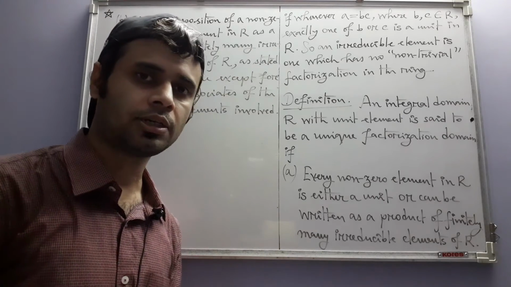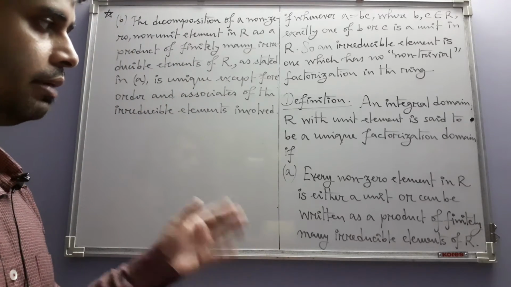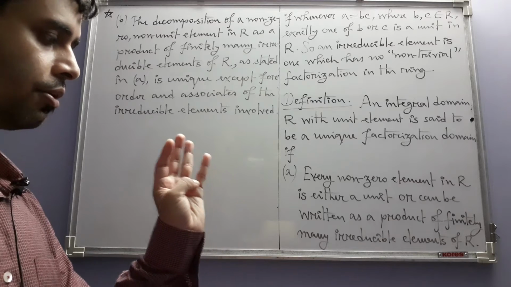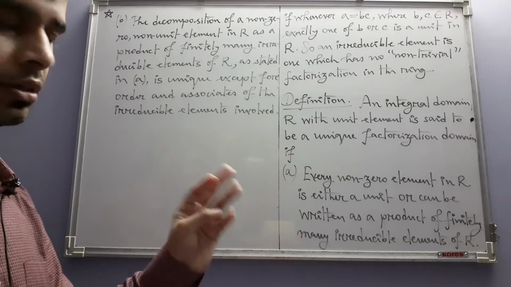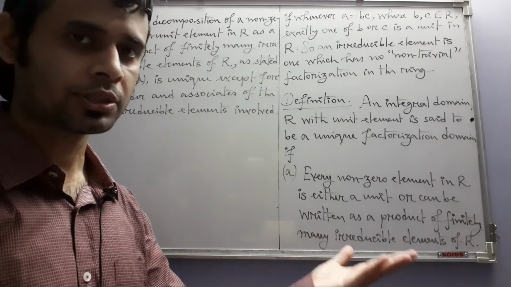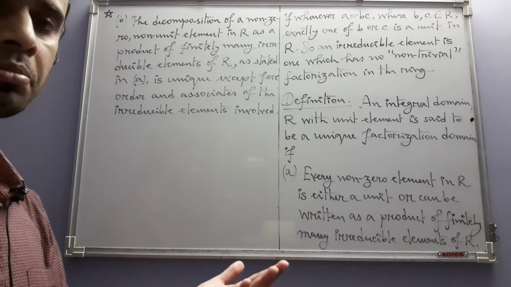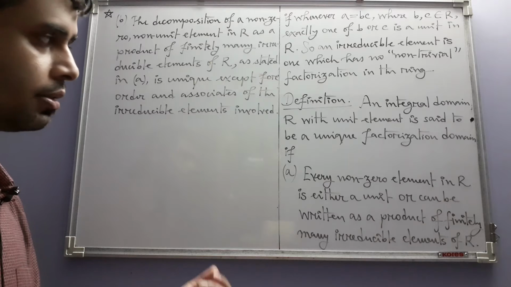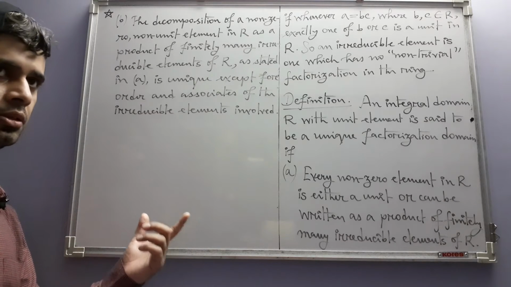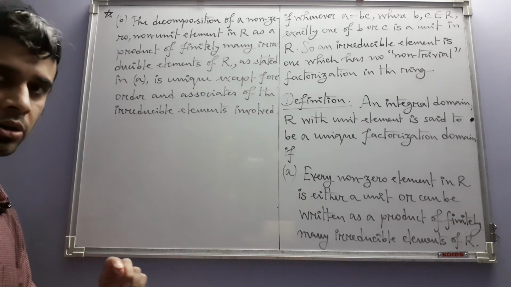a unique factorization domain if for a non-zero non-unit element factorization is possible as a product of finitely many irreducible or prime elements, and this factorization is unique except for the order of the factors.